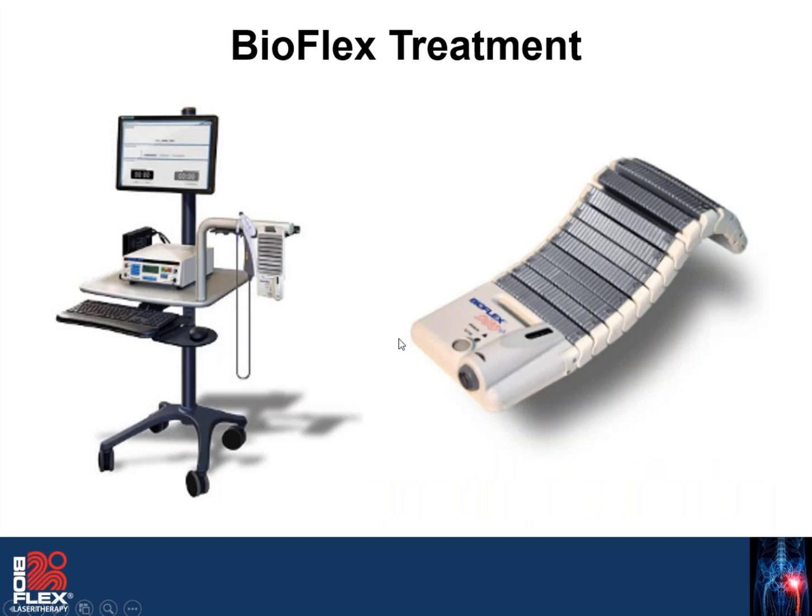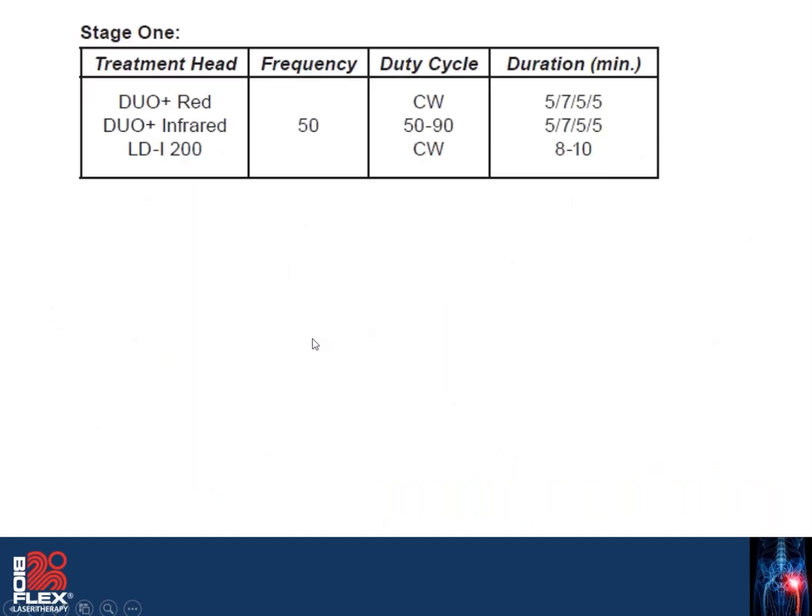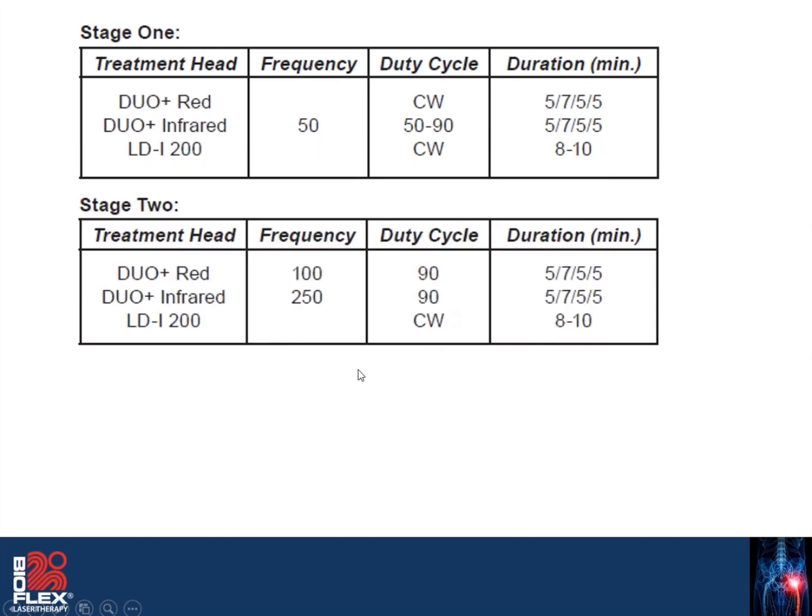Okay, so how you approach treatment with our equipment. We have a specific lumbosacral protocol. This is what it looks like. We have a treatment head, which is dual red and dual infrared, and we have a high powered class 3B laser probe. And you can see the frequencies and duty cycles and the duration of treatment times. I'll explain that very shortly.